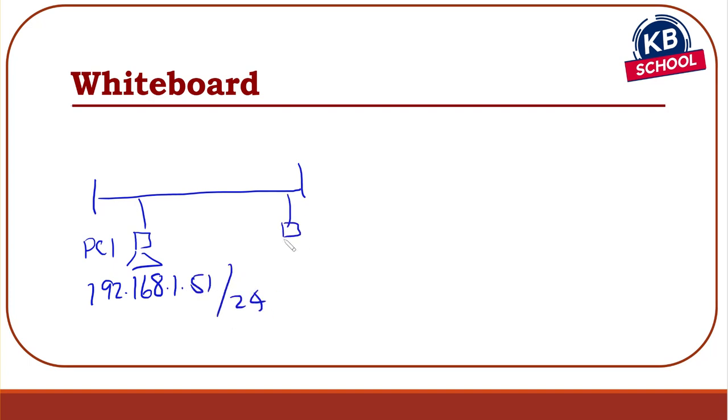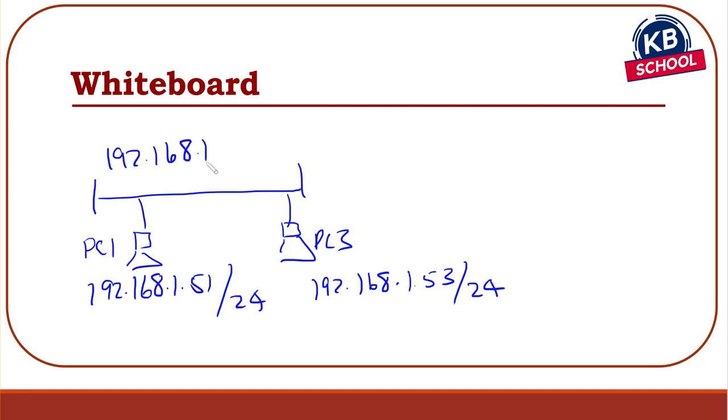On the same network, I have PC3. You don't see the switches in this layer 3 or logical diagram. If you take a look at your subnet, 192.168.1.0.